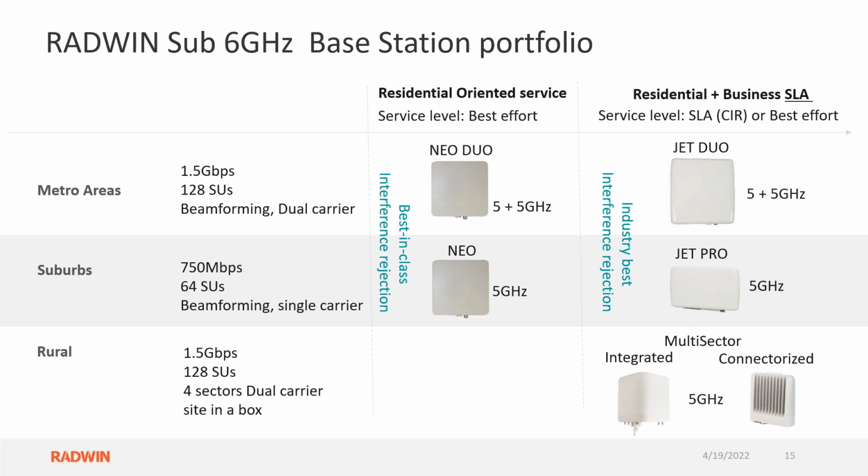For purely rural, we have the ability to use the MultiSector. It doesn't do the beamforming. It doesn't necessarily need to, but we have the ability there with the integrated to have that full 180 pattern, which is basically two 90-degree sectors.